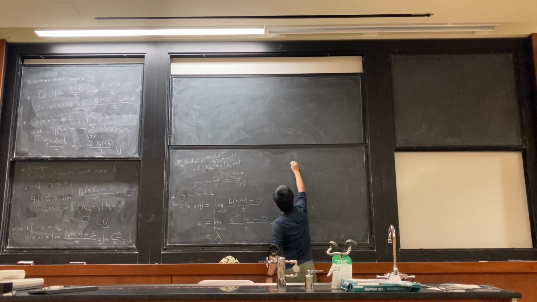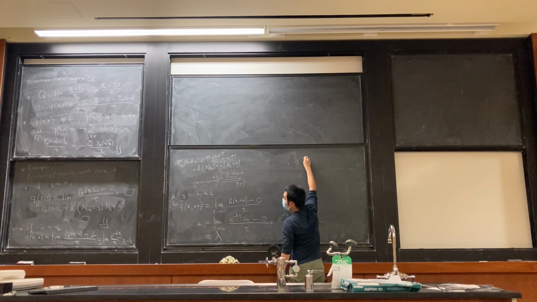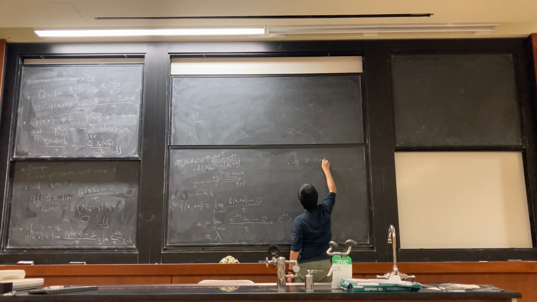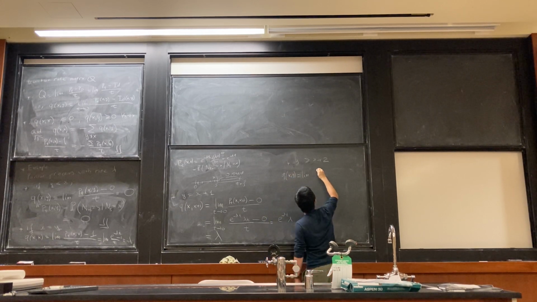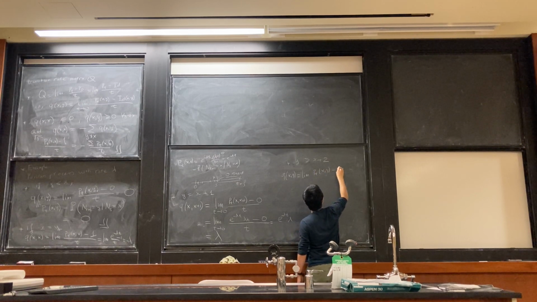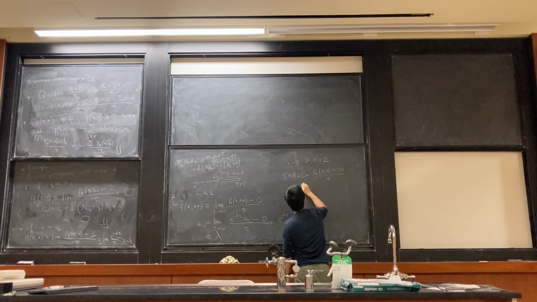Alright, so now if y is at least x plus 2, now Q_xy is the limit of P_t(x,y) minus 0 over t, as t goes to 0.